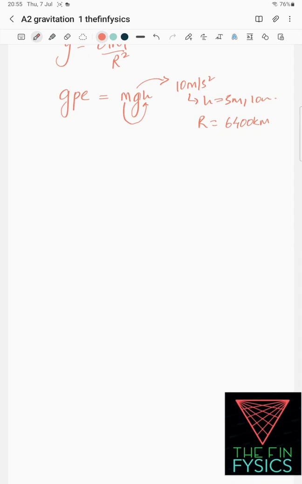But now at this level, because we are talking about celestial objects, the height that you will consider, or the r that you consider, is going to be more than 6,400 kilometers, which means this formula is not going to work out.